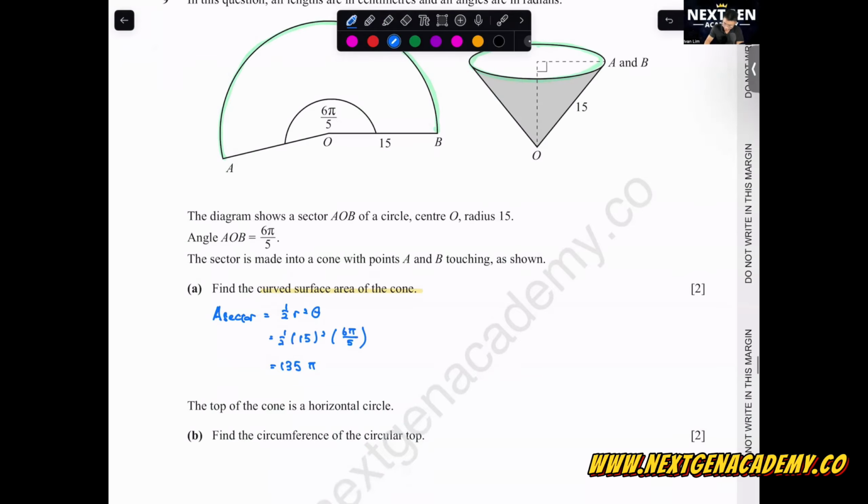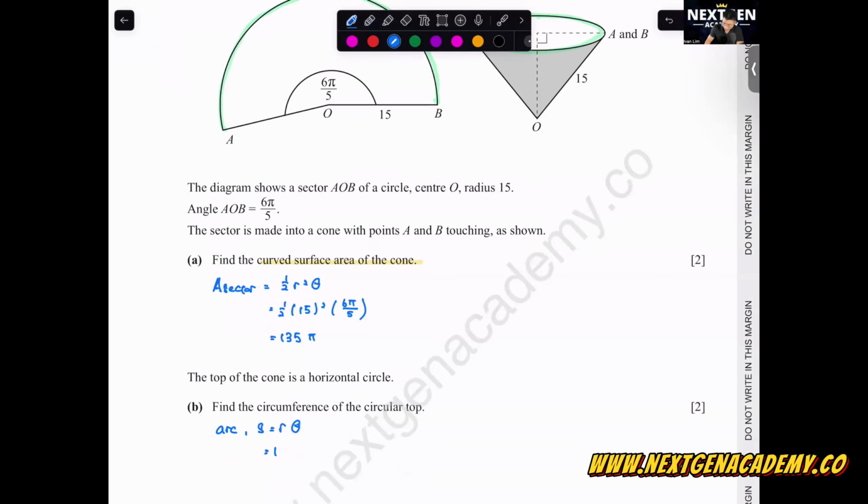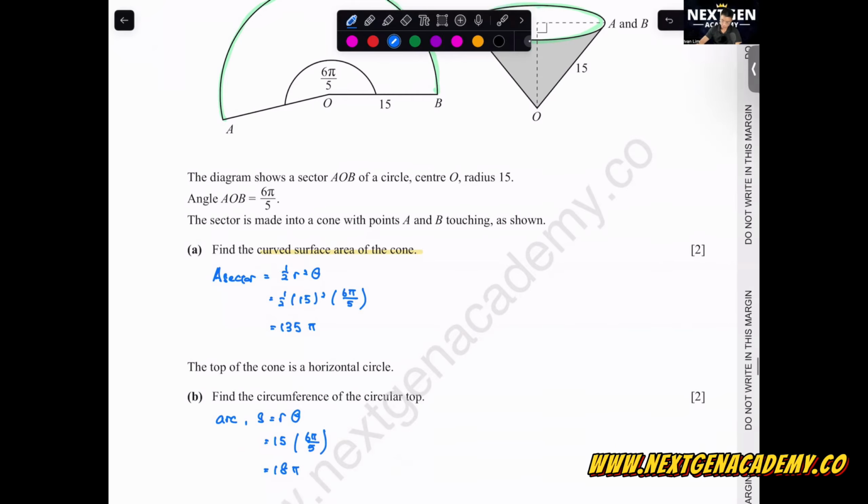So we find length of arc is S equals to R theta. 15 times 6 pi over 5. We get 18 pi. The answer here, they accept in terms of pi, or if you change it to decimal place, which is fine also.